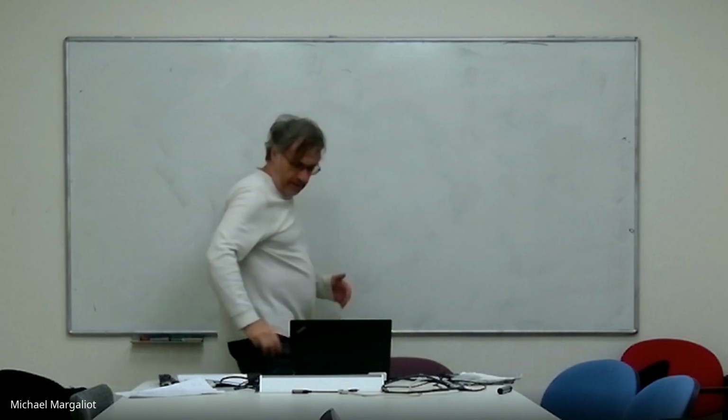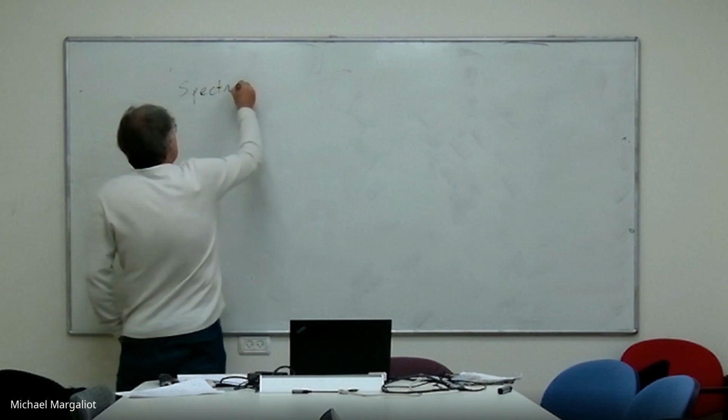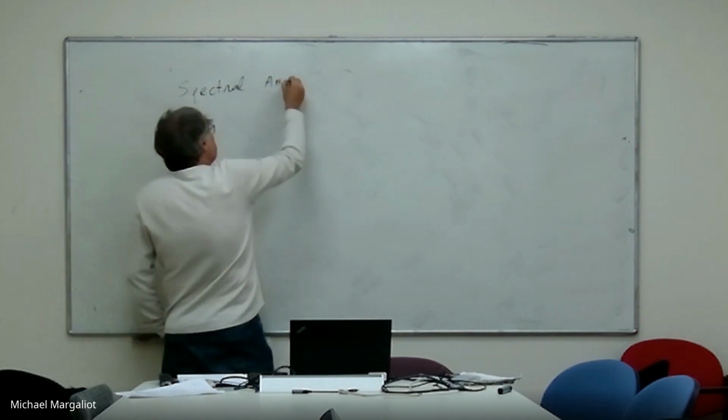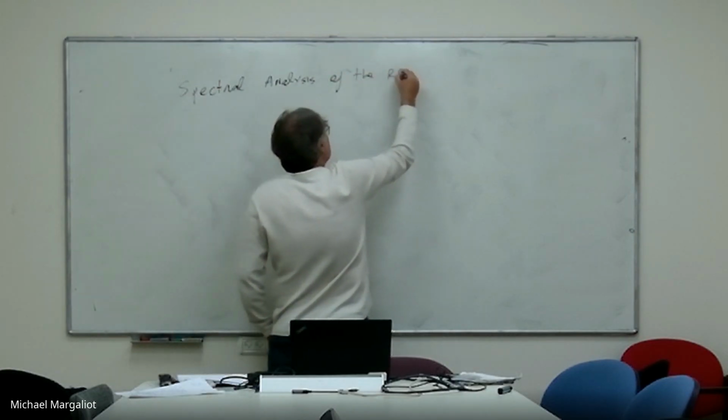Of course, in the cell, there's not just one single mRNA working in isolation. There are many of them, and they are interconnected, and the network is a better model for what happens inside the cell, and also a more interesting model. But before we go there, I want to speak about spectral analysis of the RFM steady state.